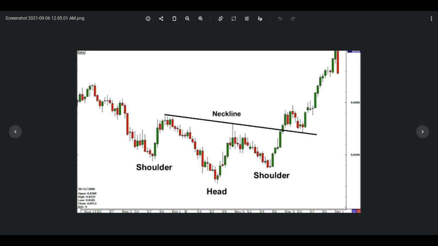Breakout confirmation: a close above the neckline with above average volume. Measuring technique: measure the distance between the first high to the low of the head right here, and then add that amount to the neckline on the breakout.